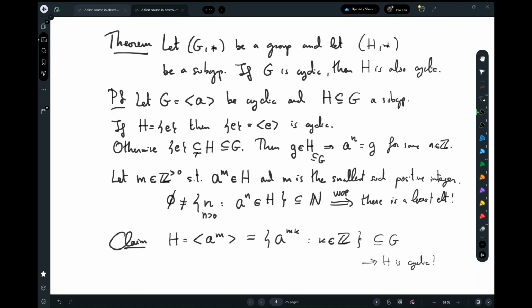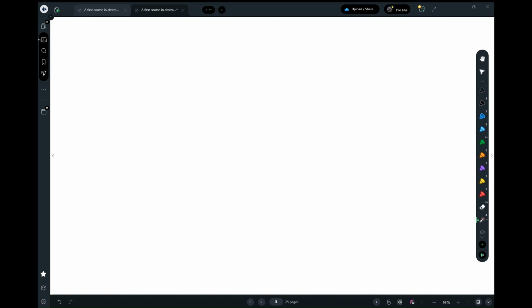So well, we just need to prove this result, that H is actually generated by a to the m, where that m is smallest such that a to that power is in H. All right, so let's see how this is true. So suppose, like before, we have H inside G, which is generated by a, and we have that a to the m is in H and m is least with this property.